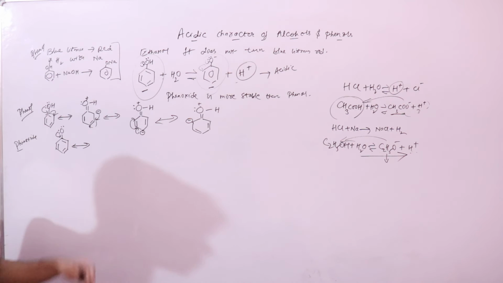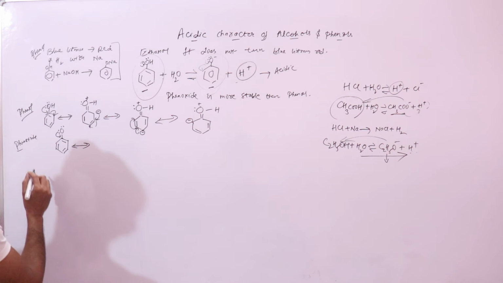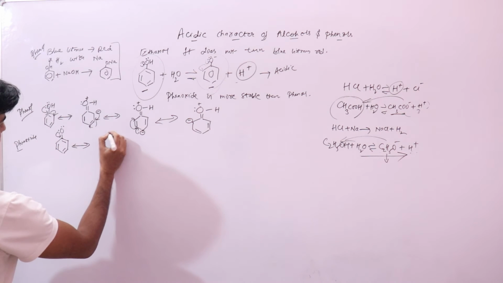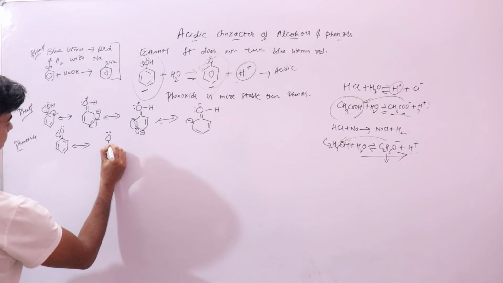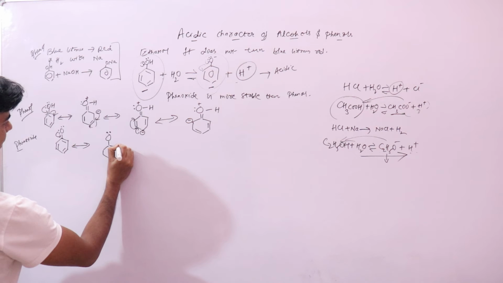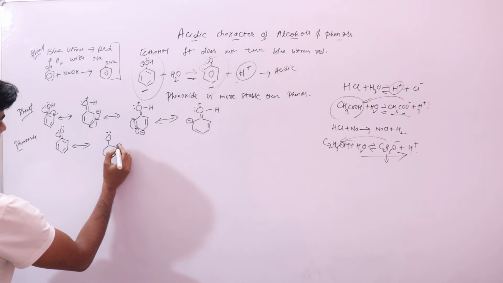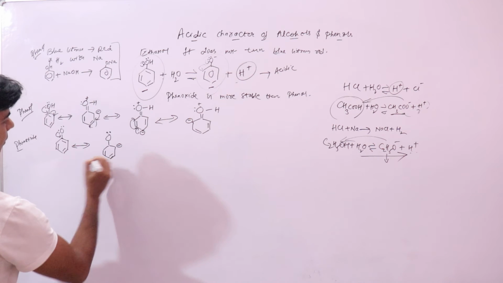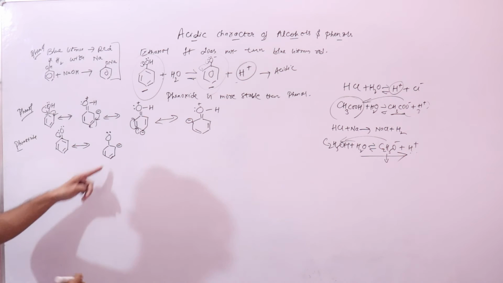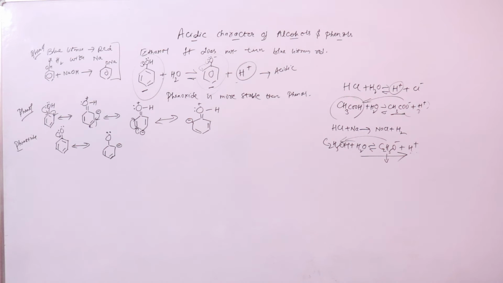So what we are drawing is various resonance forms of the phenoxide ion. Since now this negative ion will again move similarly as in your phenol, producing various resonance forms.